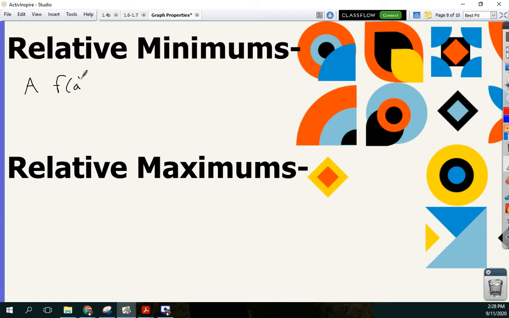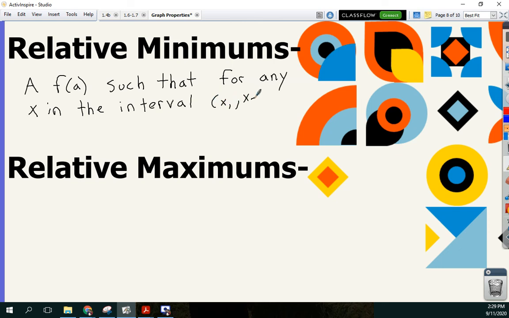So it says f of a, so just some y value, such that for any x in the interval x sub 1 to x sub 2, f of a has to be smaller than or equal to f of x.